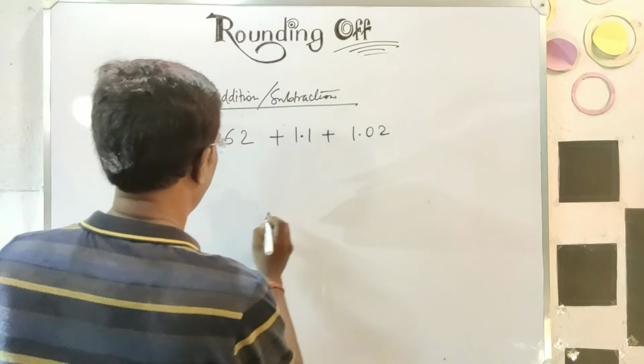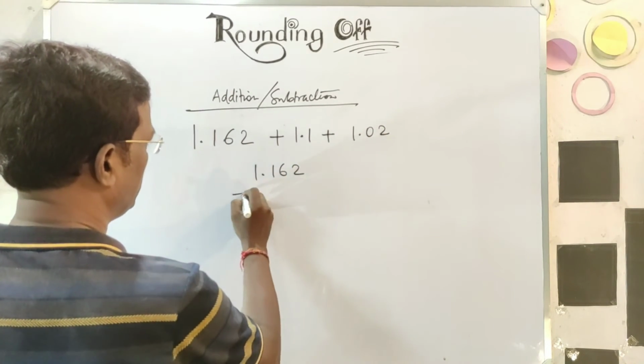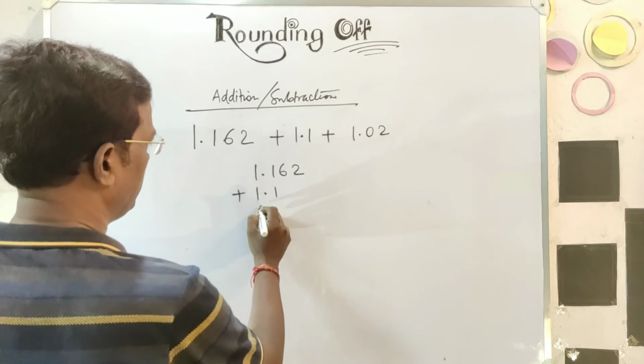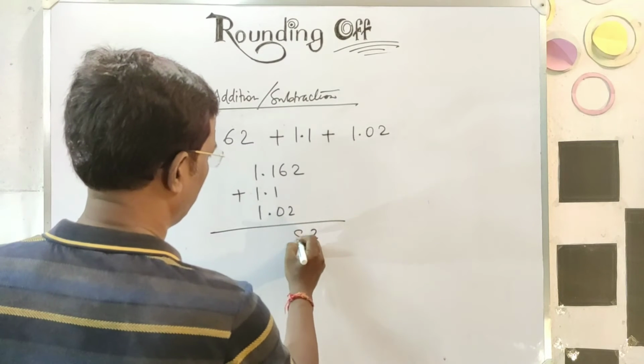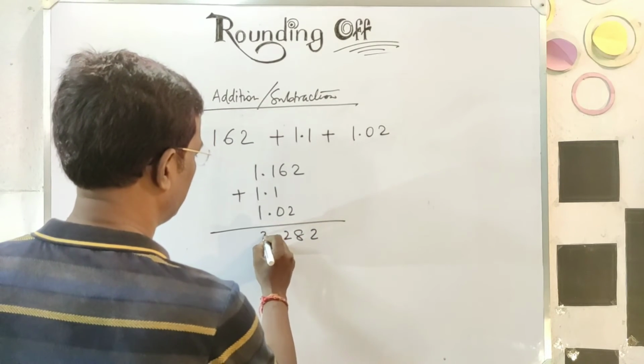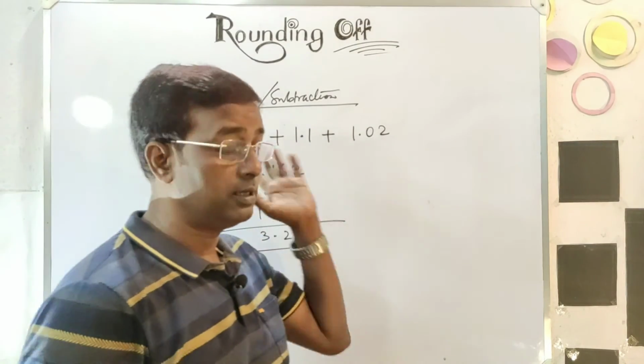You add them. So how do you add? You write 1.162 plus 1.1 plus 1.02. The normal addition gives 3.282. This is actually not the final answer, this is actually just the addition.